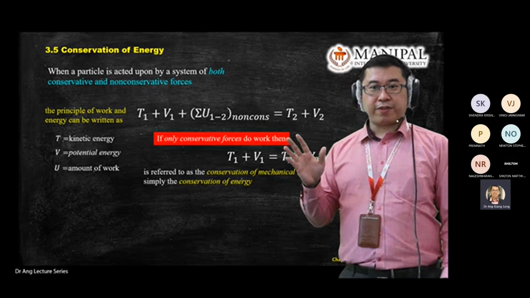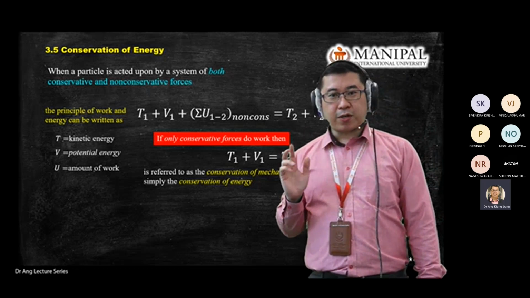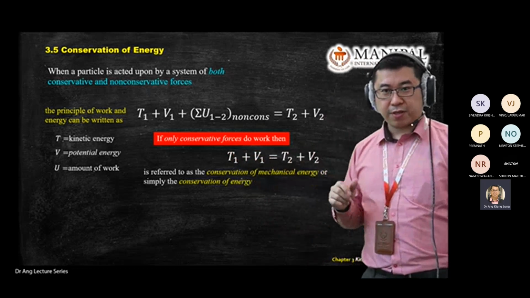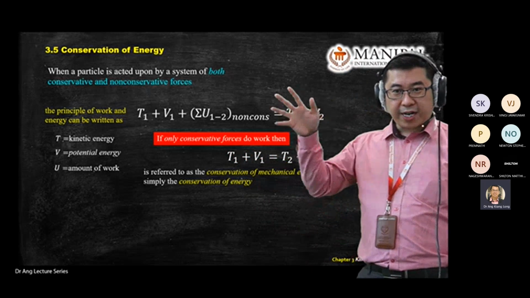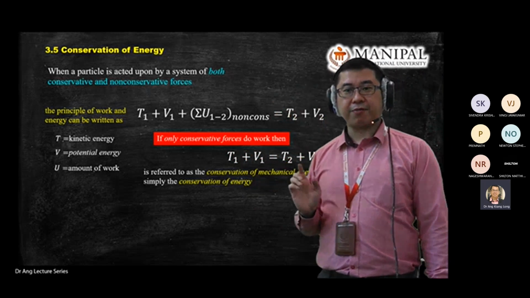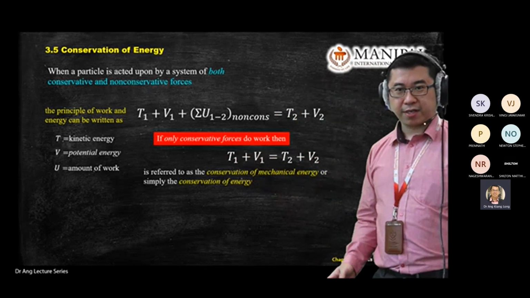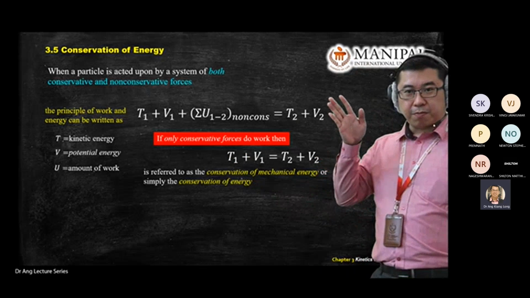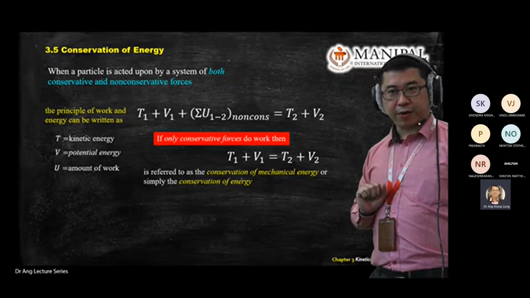Okay, so if the question asks you to only consider conservative force in your calculation, you have to redo the calculation by taking out the friction force to balance the energy equation. Both are valid, but both work for different scenarios.